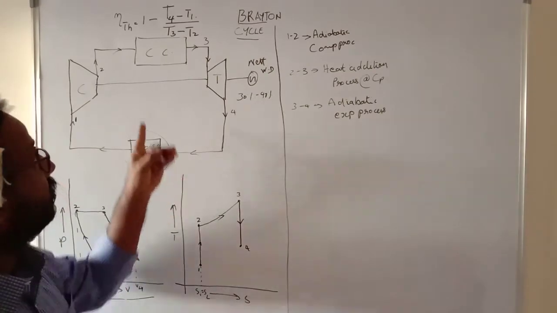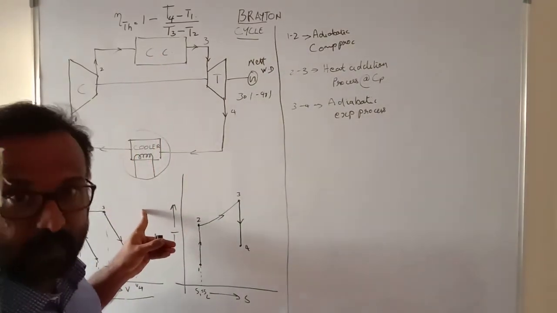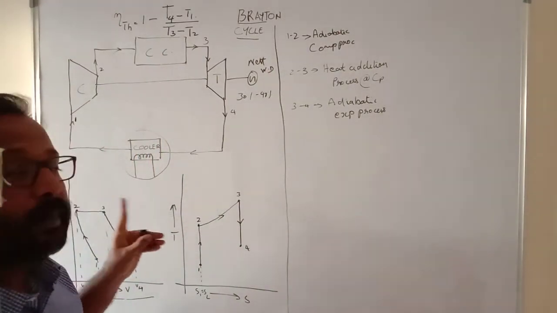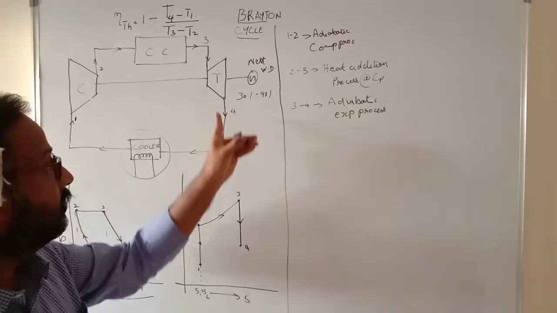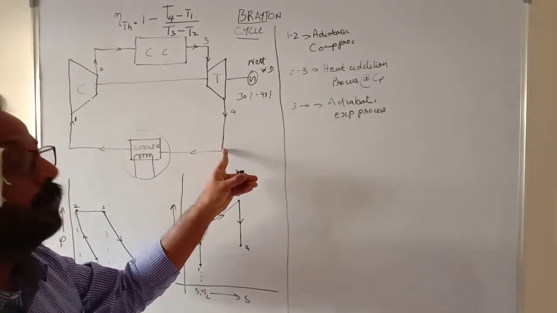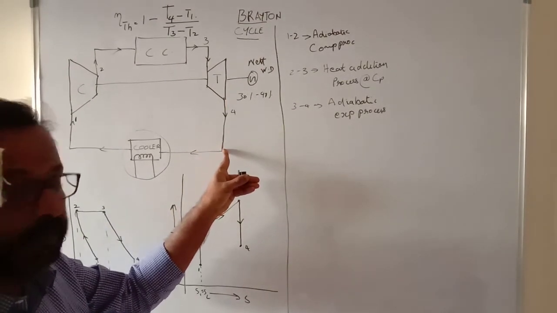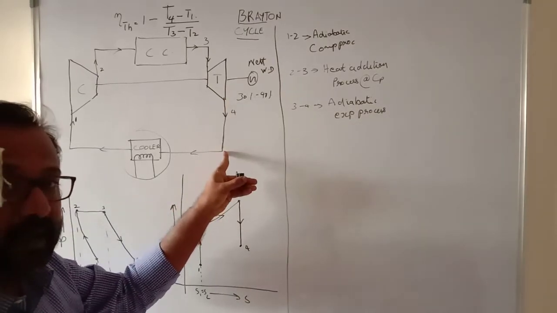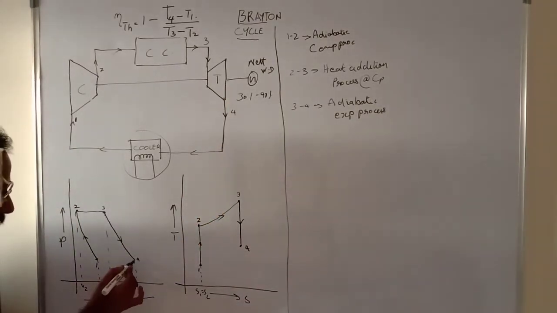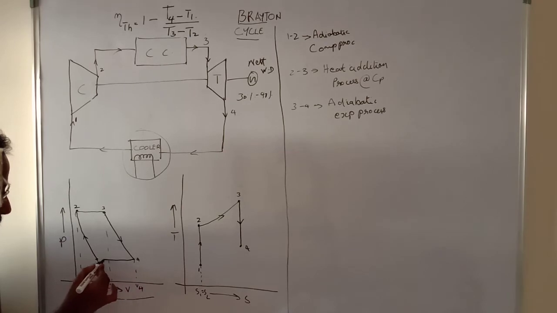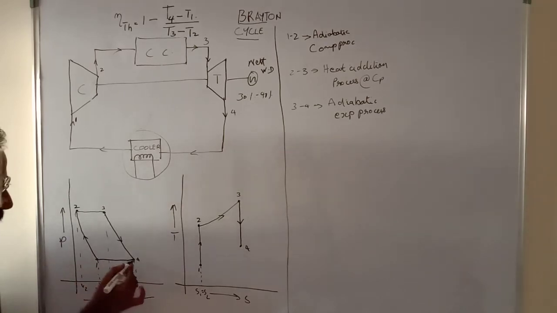Both these processes, the combustion as well as the cooling process, happen at constant pressure. Again, the pressure of air coming out of the turbine, we assume to be constant. So from 4 to 1, the pressure remains constant. That is nothing but P1 will be equal to P4.